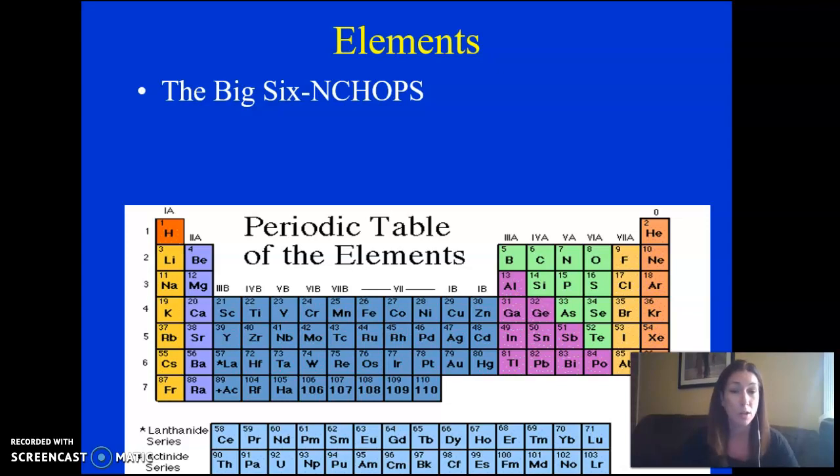We've already talked about hydrogen and oxygen when we talked about the water cycle back in Unit 2. With water, we already know that it cycles through evaporation, precipitation, going into the groundwater, and back into our atmosphere. So we've already done hydrogen and oxygen. We're not going to focus on sulfur, but we are going to focus on nitrogen, carbon, and phosphorus.